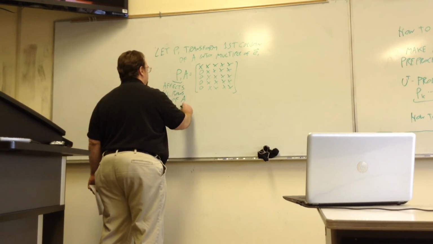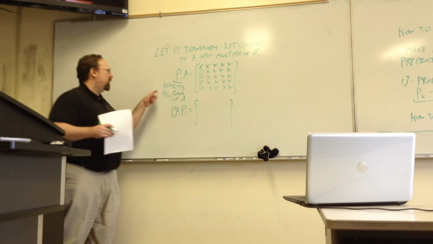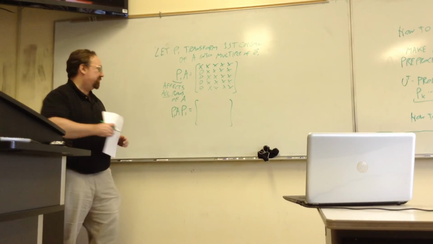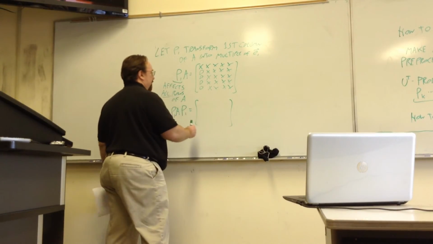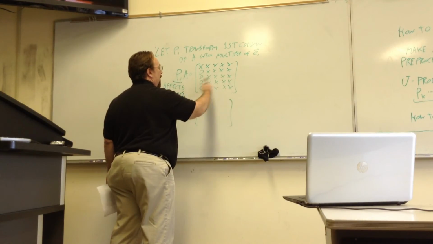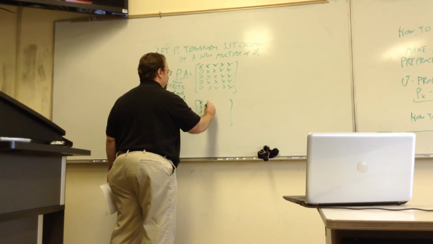Applying P1 on the left affects all rows. Applying on the right is now going to affect all columns. So now I'm going to be taking linear combinations of these columns, and all my work is undone.